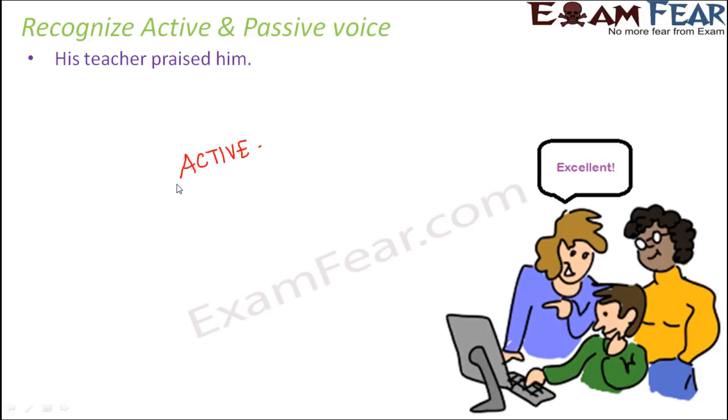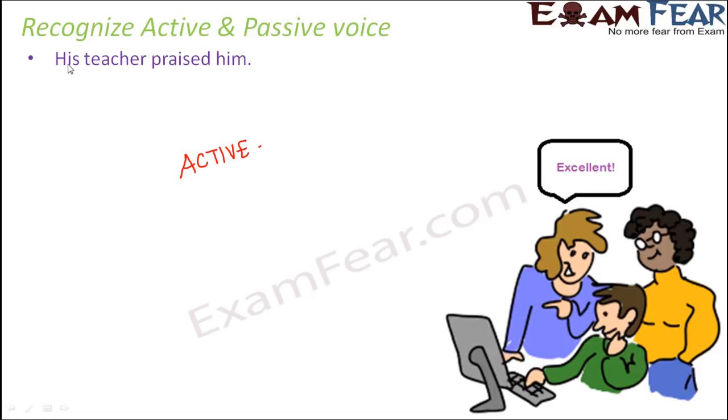And also just for your information, it is also important that you recognize the tense of the sentence. Why is that important? Because sometime later we will also learn how we convert a sentence from active voice to passive voice or from passive voice to active voice. While doing that, we need to have a very good idea about the tenses.